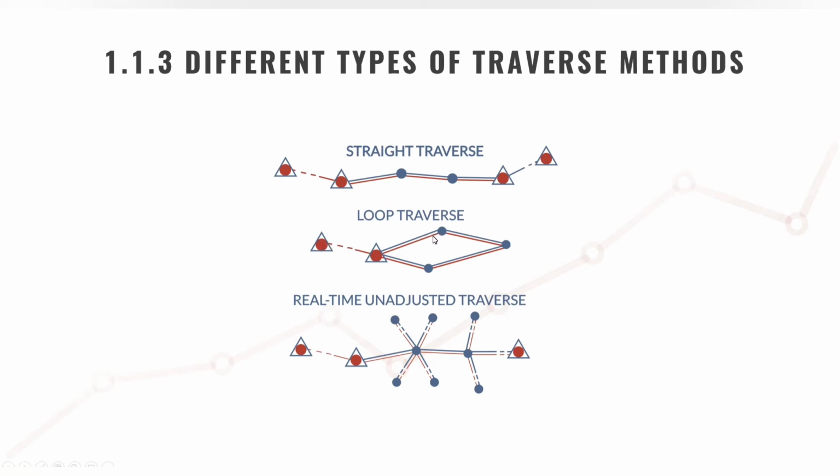What this will allow you is when you do a setup on the second setup position, you can suddenly get more control points further, which will allow you to get a better orientation on your third and fourth and so on setup. So it just helps you to eliminate any scale error that you might introduce in your loop traverse. And then you've got your real-time unadjusted traverse.